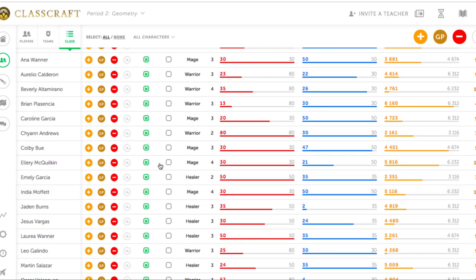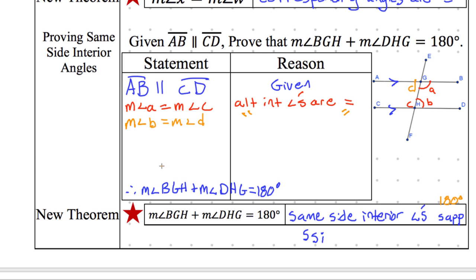Well, the way I did it, I skipped that step and I just went straight to the measure of angle C plus the measure of angle B equals 180 degrees. That's going to be part of India's step anyway, so let's go ahead and write that down. Tell me what to write. The measure of angle C plus the measure of angle B equals 180 degrees. Why do we know that?